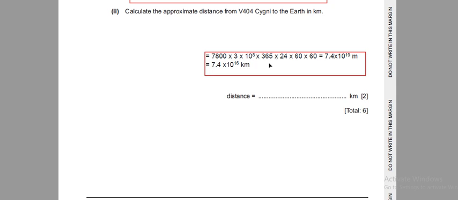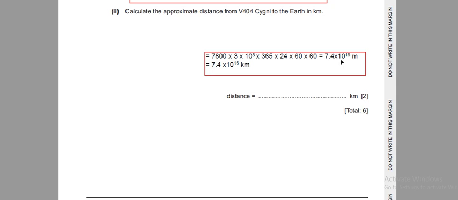So to convert 1 year to time in seconds, multiply 365 times 24 times 3,600, or 60 times 60. This is the time of 1 year in seconds, multiplied by the light velocity in meters per second. So this is the value of 1 light year in meters.